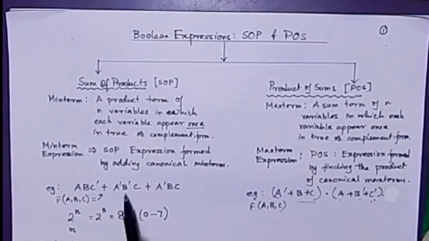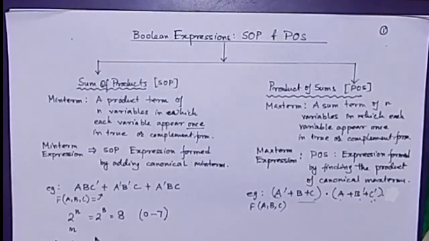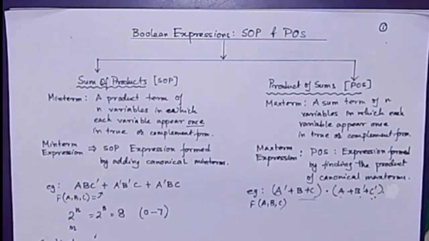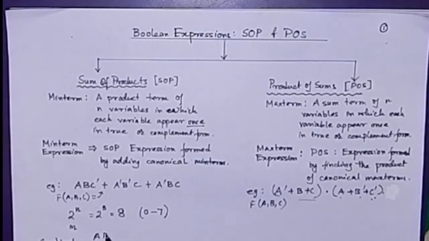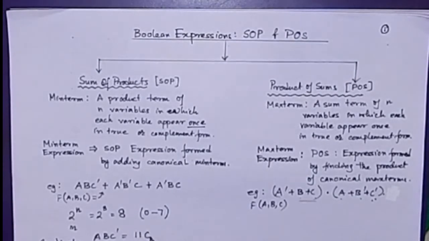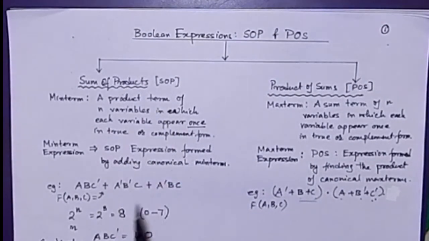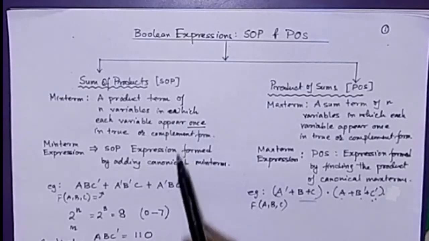Now from this expression, if we have to write the cardinal form, we have to see which binary numbers are representing it. Like see in this one, a b c dashed is equivalent to 1 1 0, because in SOP we take the true form as 1 and the complement form as 0.